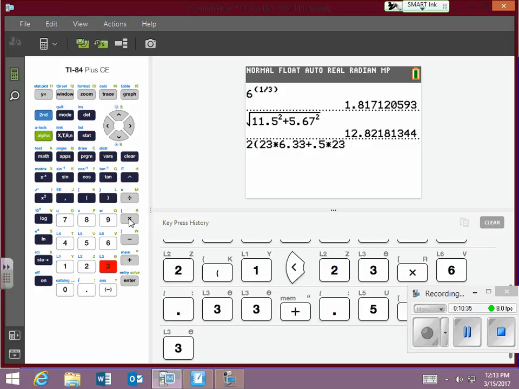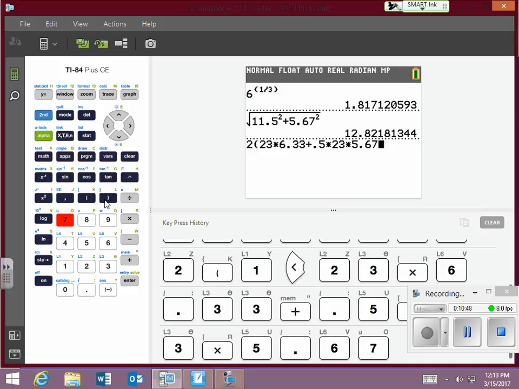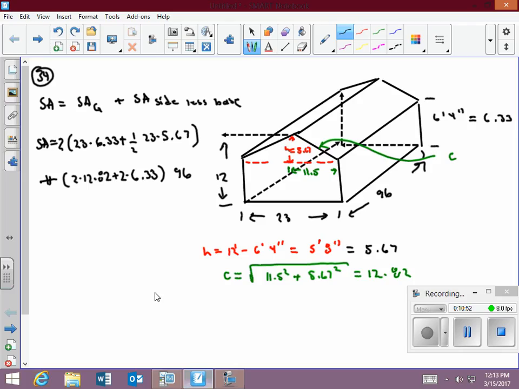Because you've got a 0.5 there. 5.67, that's correct. And then put a bracket. I put 1/2 in place of 0.5, and I got the bracket closed, and I gotta go plus and then put another bracket.